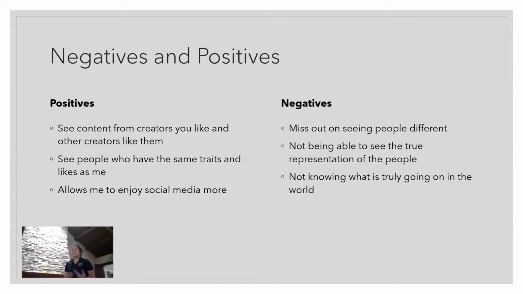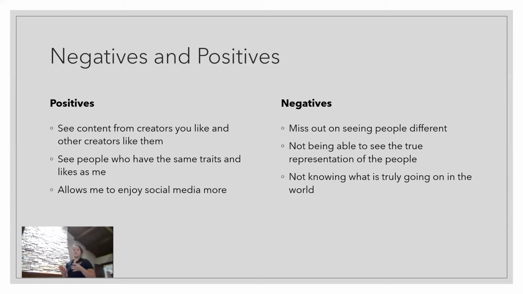As someone who uses social media in her everyday life, I have grown to know some positives and negatives from the different algorithms. Some positives that I've seen is that you get to see content from the creators that you like and from creators that are similar to the creators that you like. So that exposes you to more entertaining content and content that you want to see.